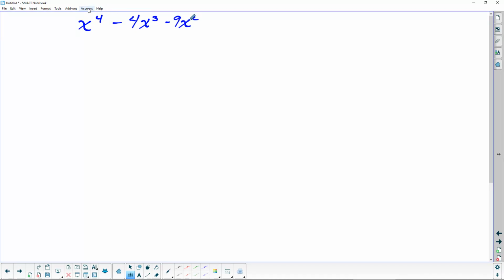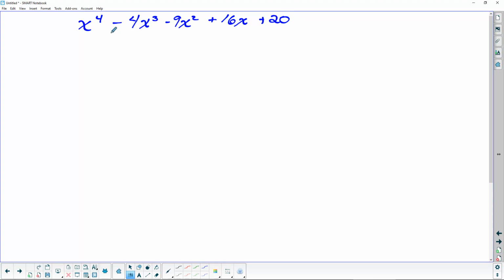This is as high as we're going to go in the class. We're not going to do 5s or 6s or 7s at all. You might if you do calculus, but not here. Plus 20. So that's a large one. This goes evenly, and it does, we're going to have 4 factors.